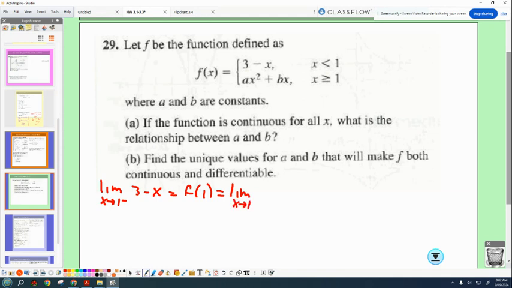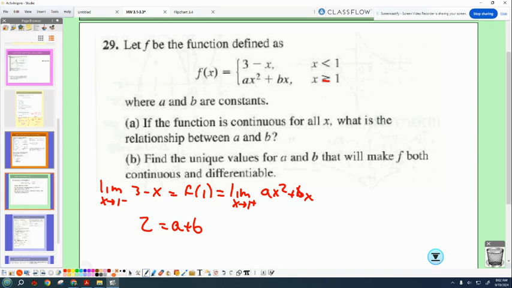So, yeah, exactly that. We need the left and the right to be equal to each other. And we need that filled in. So 3 minus 1, and that's what they meant by establish the relationship between A and B. Well, A plus B equals 2.